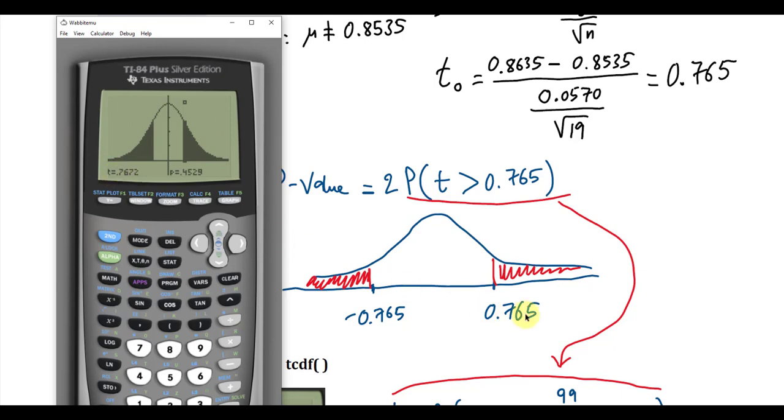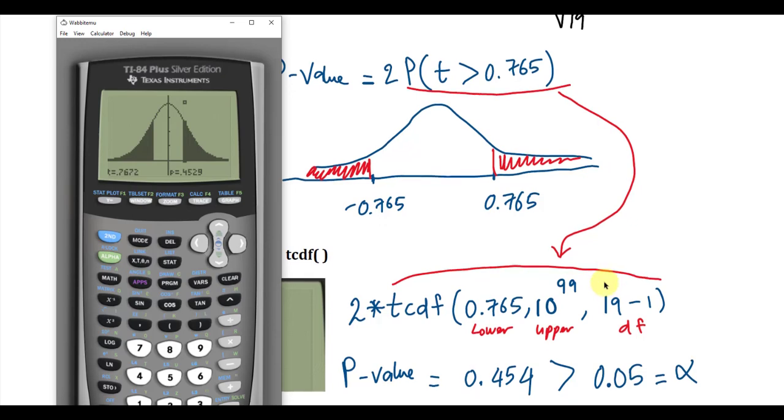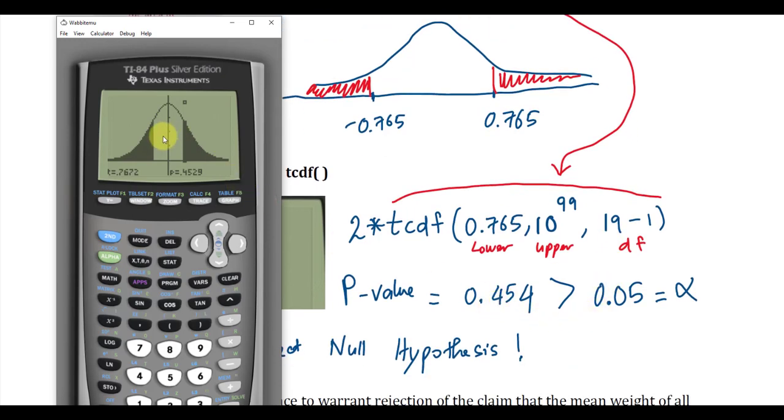T equals 0.7672, which is this value right here. And because this is a positive value, we know that this is the t0 value of the right tail, and the p-value is also given, which is consistent here. So it's a nice way to display the graph and the distribution.